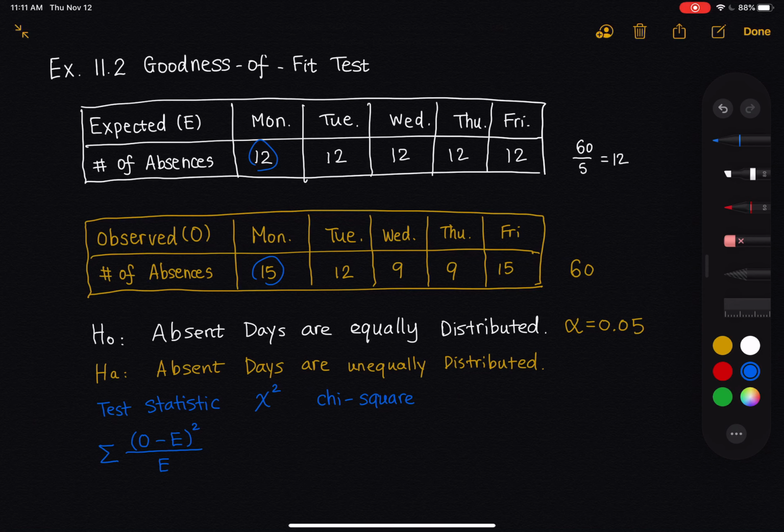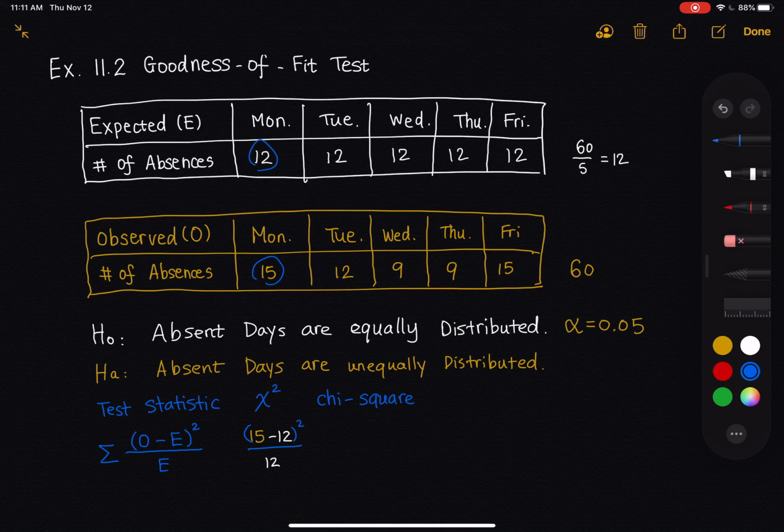So what do we mean by that? Well, you have an observed value 15, but you expect it to be 12 for equally distributed. And then you divide it by 12. So that's how you calculate the first cell.